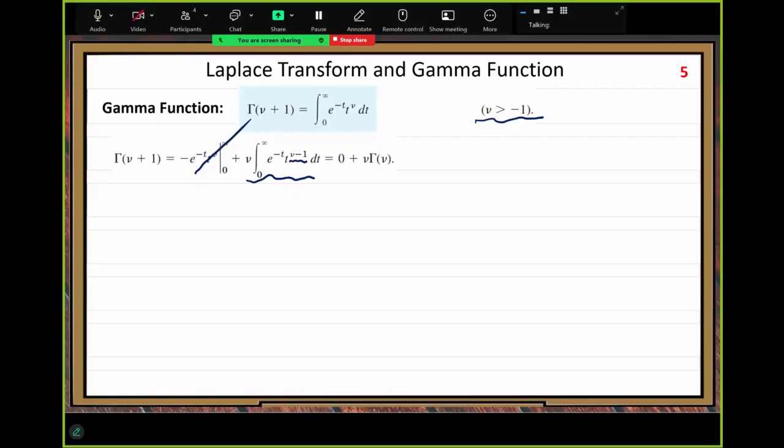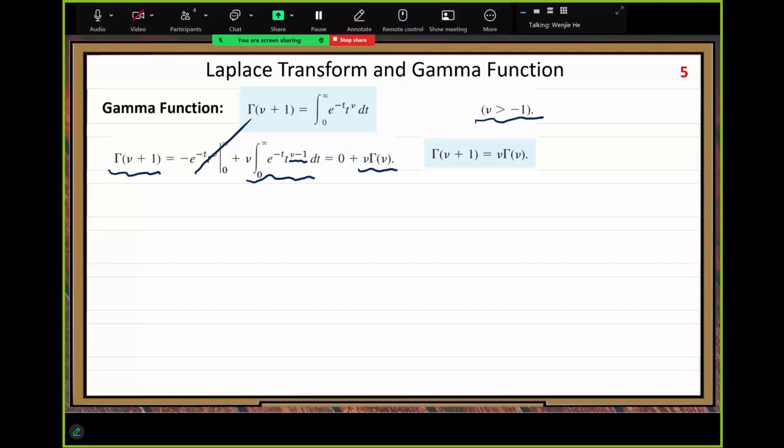So you get the recurrence relation: gamma of nu plus 1 equals nu times gamma of nu. Is this recurrence relation similar to the factorial? Do you remember I wrote the recurrence relation of the factorial? Similar, right?